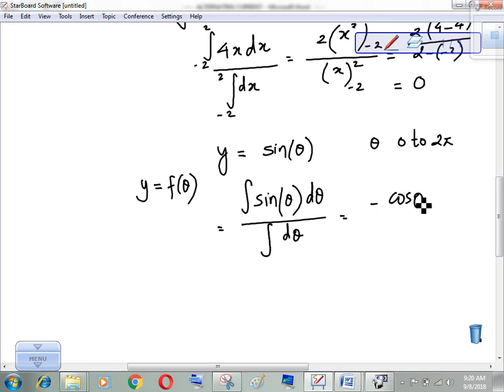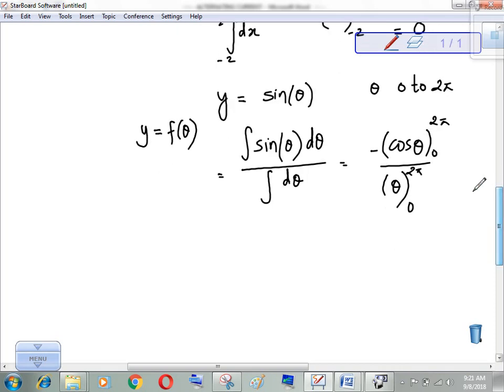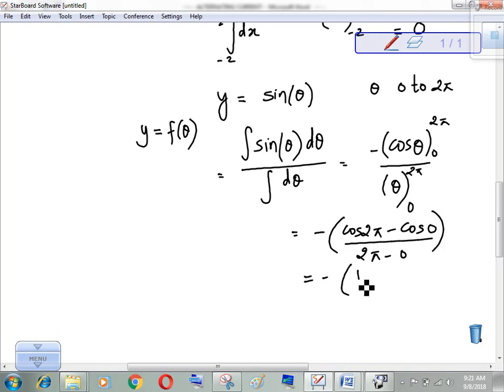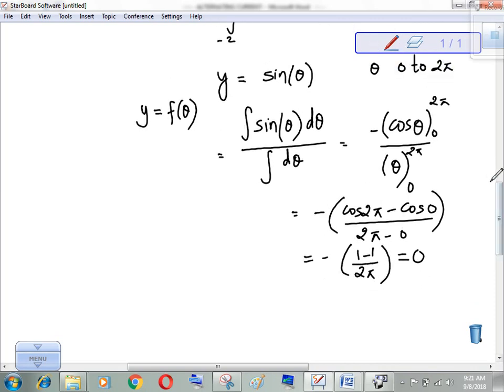Minus cos theta, theta 0 to 2 pi. Cos 2 pi is 1. So the average value is coming out 0. Average value of a sine signal for complete cycle.